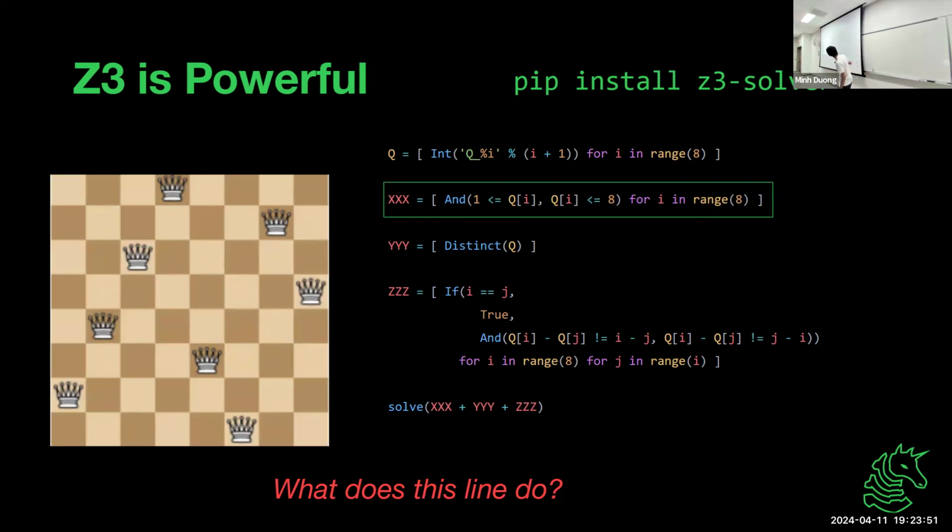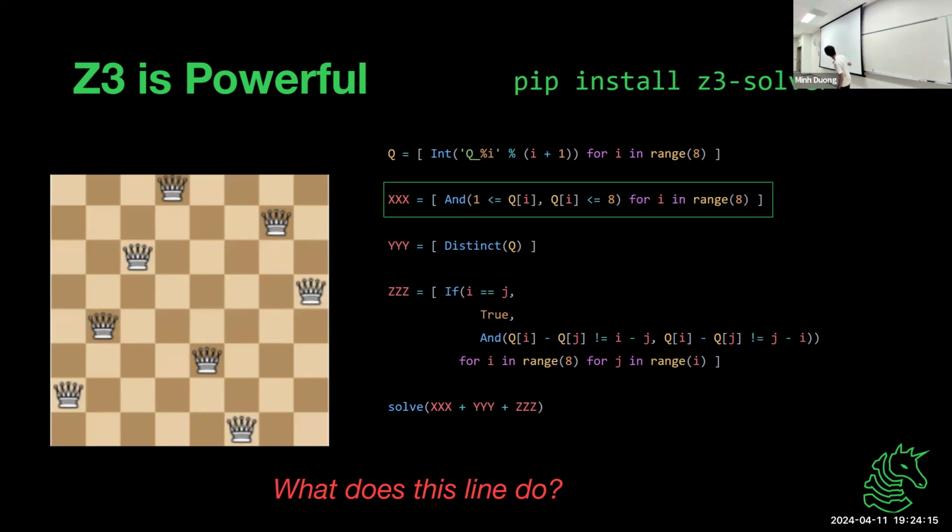So these variables here are telling you what column the queen in each row is in. So this is the set of 8 variables. And then you need to add a set of constraints that enforce the fact that you can't have 2 queens attacking each other.